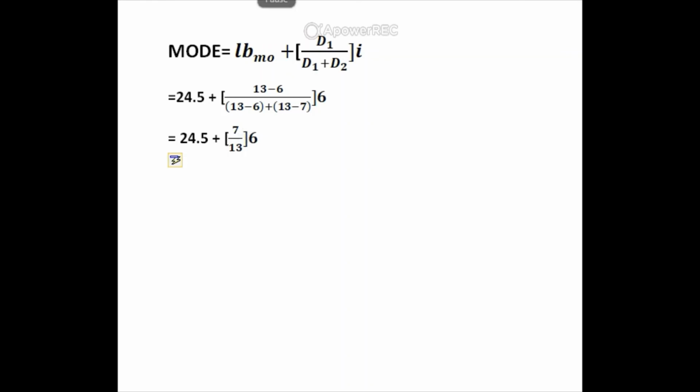And i-multiply na natin siya sa 6 bago natin siya i-add sa 24.5. So, 7 over 13 times 6 results to 3.23. Pag pinag-add si 24.5 at 3.23, that results to 27.73. And that is the mode.